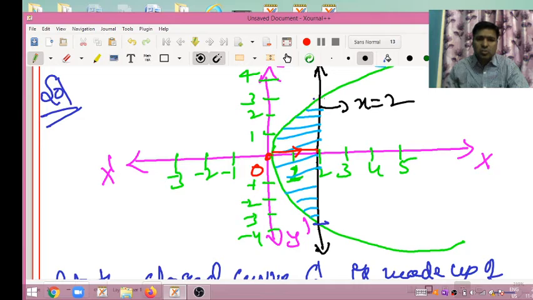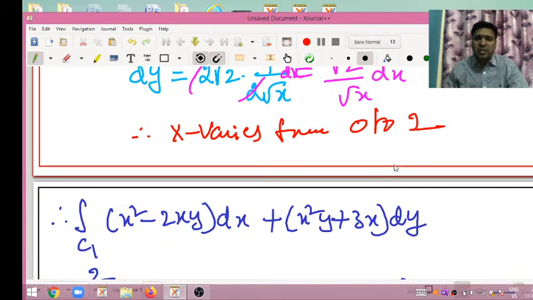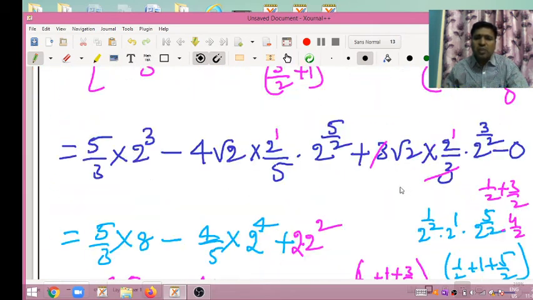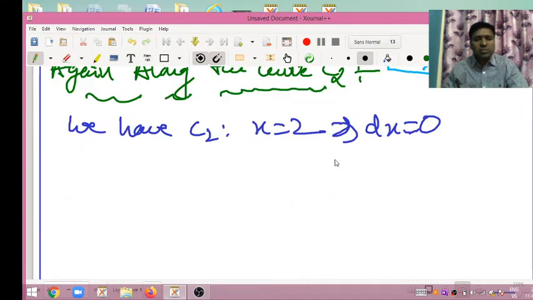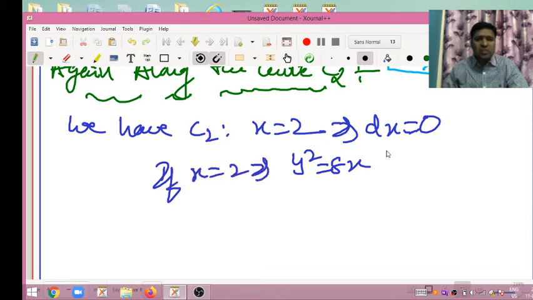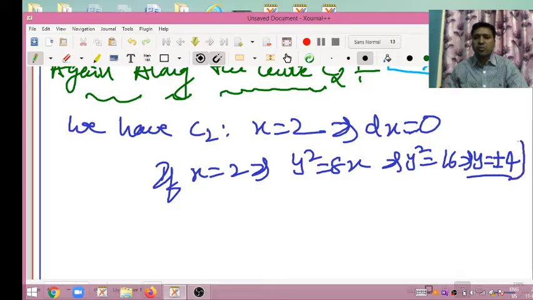How? See here, my dear friends, y square is equal to 8x. If x is equal to 2, y square is equal to 8x, by putting 2, 16 will come. Y is equal to plus or minus 4, my dear friends.